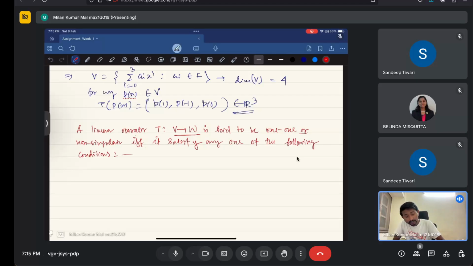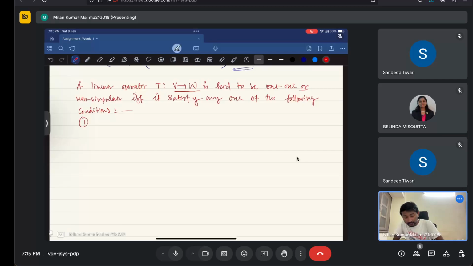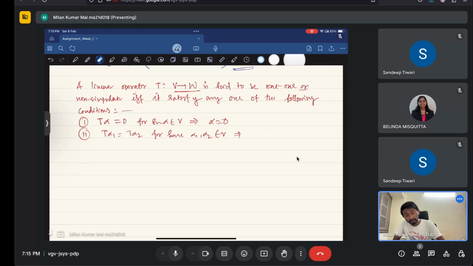What are the following conditions? The first condition is that T of alpha equals 0 for some alpha belonging to V implies that alpha equals 0. The second says that T of alpha 1 equals T of alpha 2 for alpha 1, alpha 2 belonging to V implies that alpha 1 equals alpha 2.